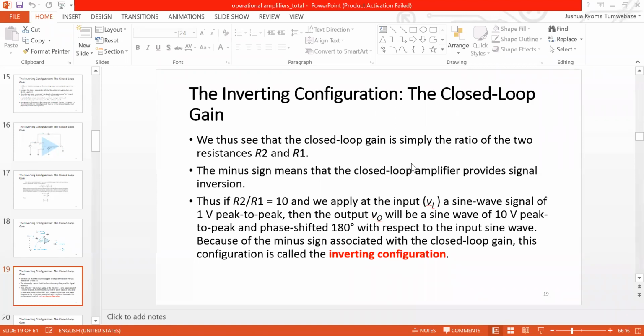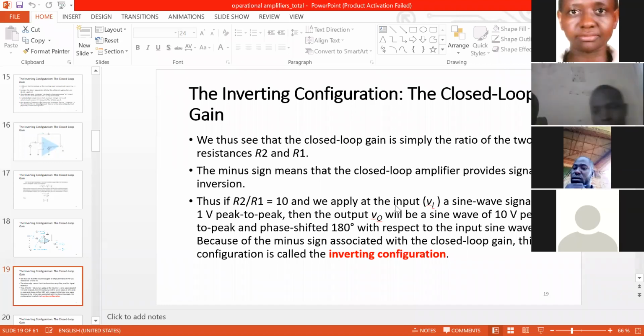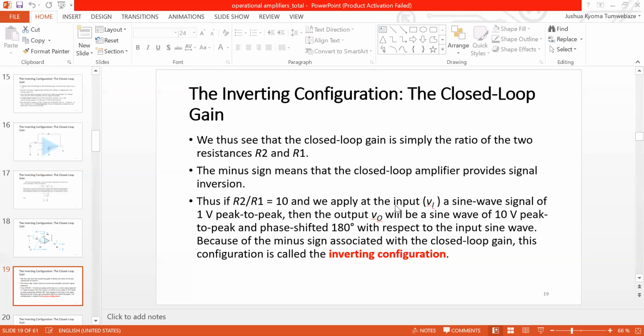Let us take a simple example and say that if R2 over R1 is equal to 10, and we apply at the input Vi a sine wave signal of 1 volt peak to peak, then the output V naught will also be a sine wave, but of 10 volts peak to peak, because the gain is 10, and phase shifted by 180 degrees with respect to the input sine wave.